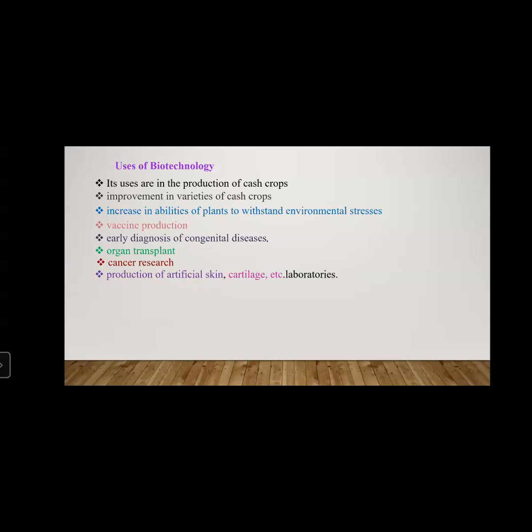All the trials are done on the animals, so for that purpose also genetically modified animals are produced by the use of biotechnology. Production of artificial skin, cartilage, etc. is also done in laboratories by using biotechnology.